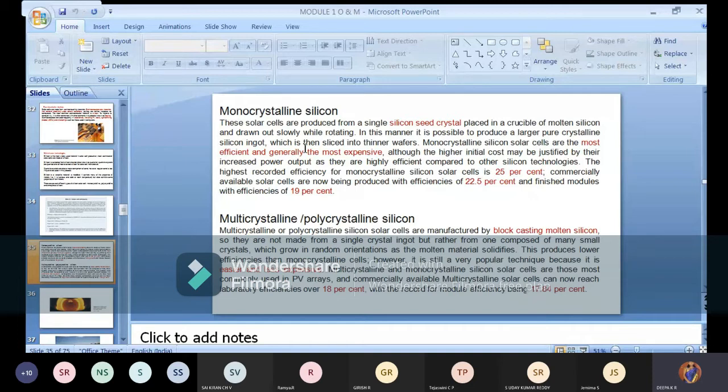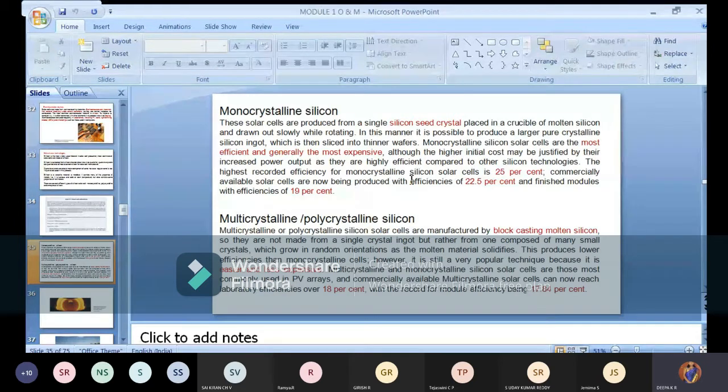Here we have two answers. One is, of course, why you need to go for monocrystal. It is highly efficient, losses are less, but at the same time its cost is more expensive. Although the higher initial cost may be justified by the increased power output, as they are highly efficient. Because if efficiency is too good, we will think, why can't we invest in this? Instead of doing 10 different installations, if in one installation you're getting a good output, then we can go for it.